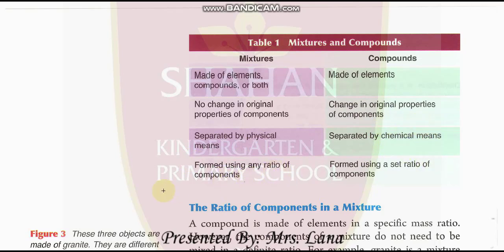Mixtures are formed using any ratio of components, while compounds are formed using a set ratio of components. This difference between compounds and mixtures is so important, students.